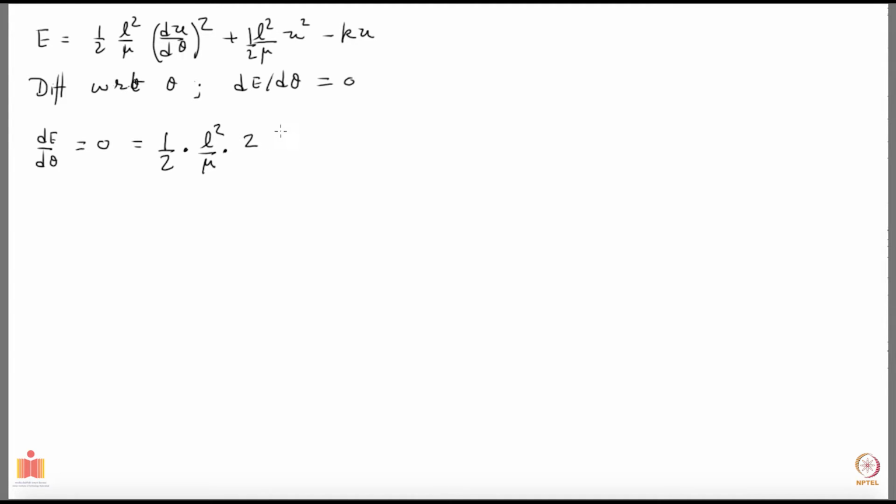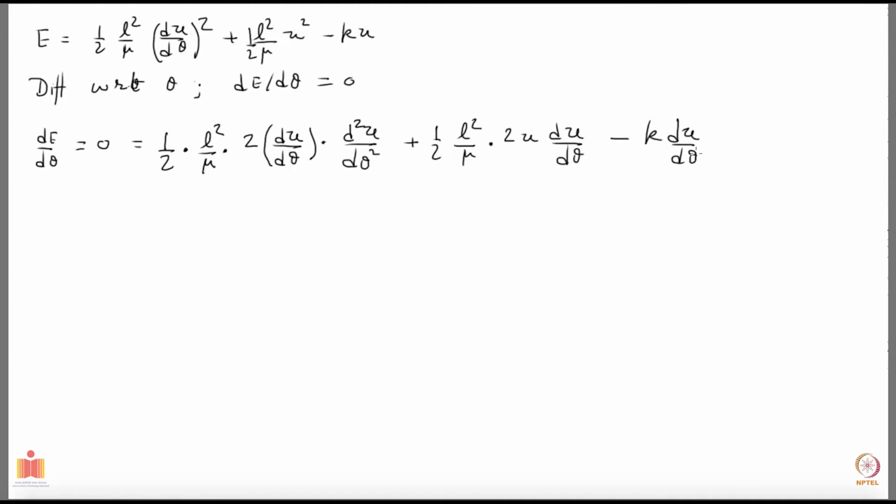So you get 2 du over d theta times second derivative of this, right? d2u over d theta squared. Okay, then you have half L squared over mu, and then you get 2u du over d theta minus k du over d theta. Okay, that's nice.